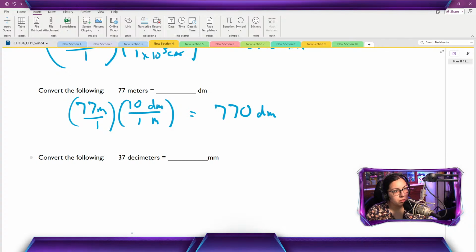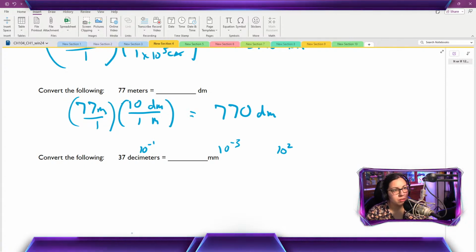And so now let's do decimeters to millimeters. And again, this is another one that we could do by a 1-step or a 2-step conversion. So decimeters is 10 to the negative 1. Right, millimeters is 10 to the negative 3. So we could figure there's a 10 to the 2 difference between them.